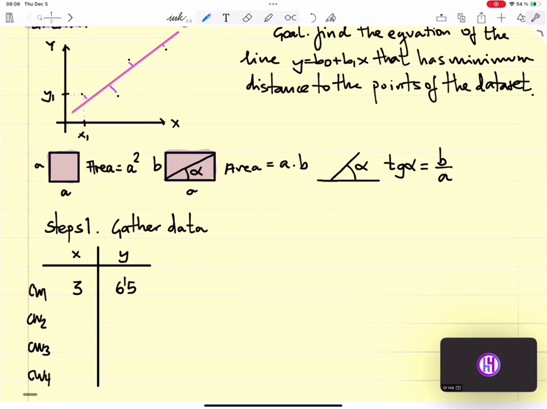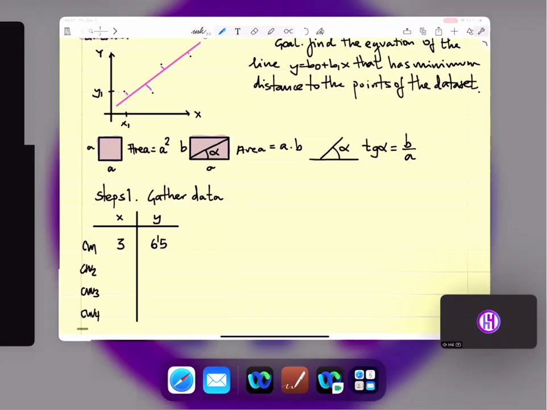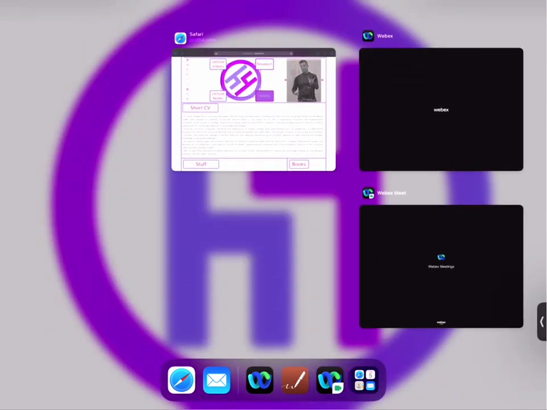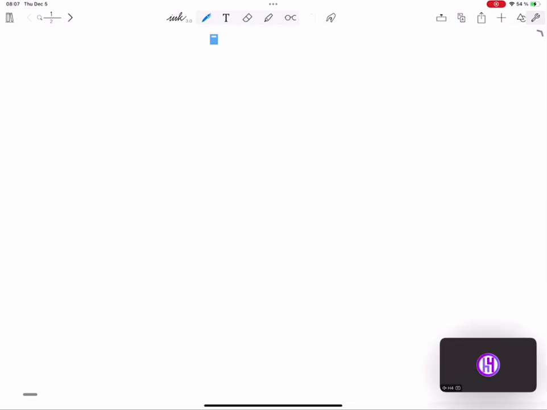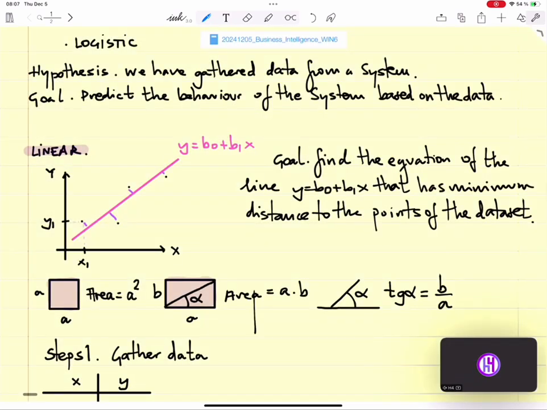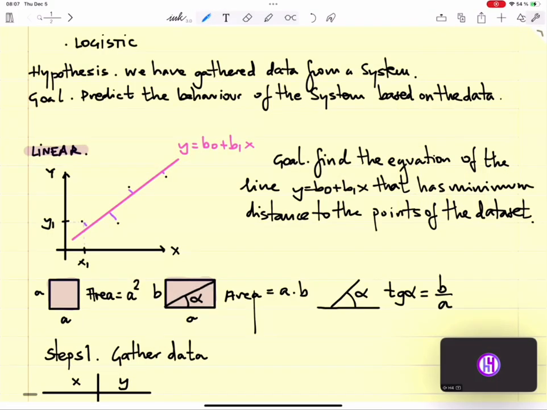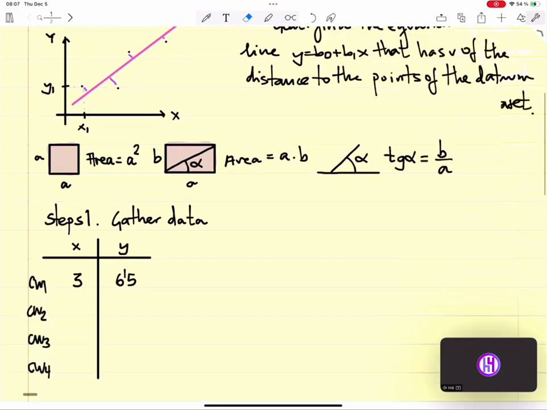Wait, I need to close the Notes app and reopen it again. I don't know why it was not working. My Apple Pencil is not working all of a sudden. So it works again.